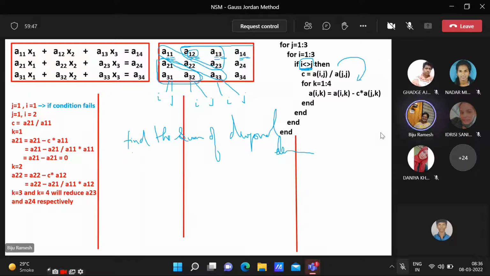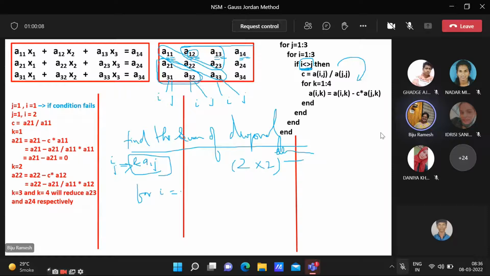What will you do? In C language, what is it that you will do? Assume you have scanned the values. This is already done. You have an I loop and you have a J loop. I want only the loop for the process. So suppose it is a 2 by 2 matrix.